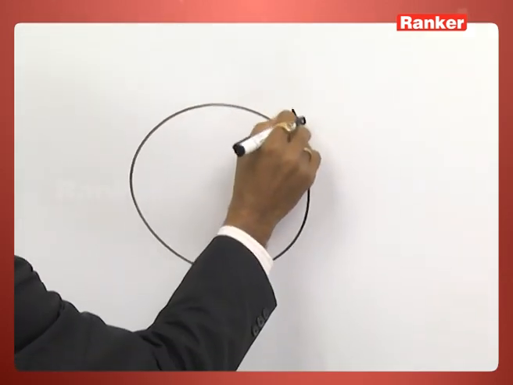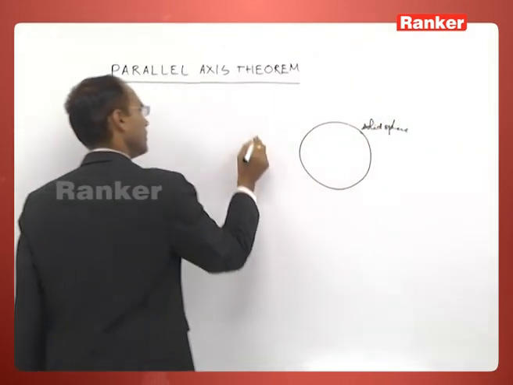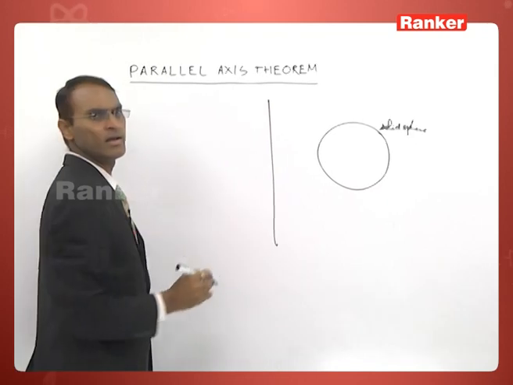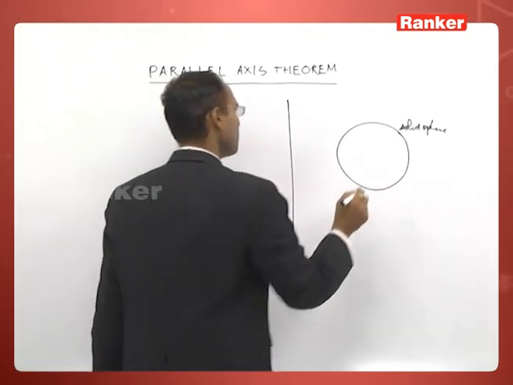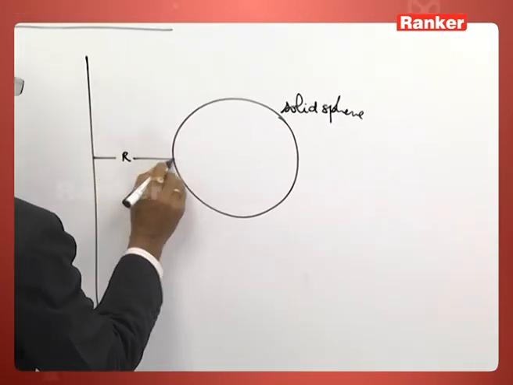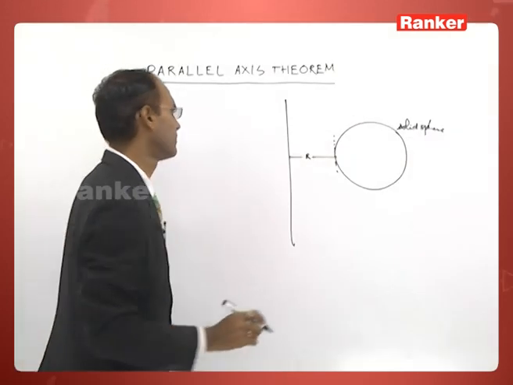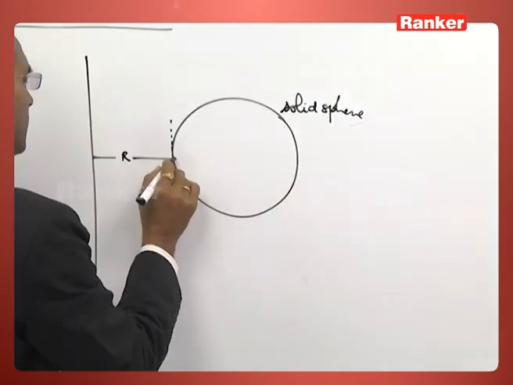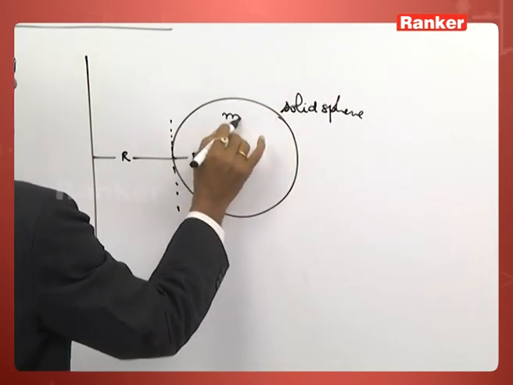You take a solid sphere. You take an axis outside the solid sphere which is at a distance of r from the periphery, where r is the radius of the solid sphere of mass m.